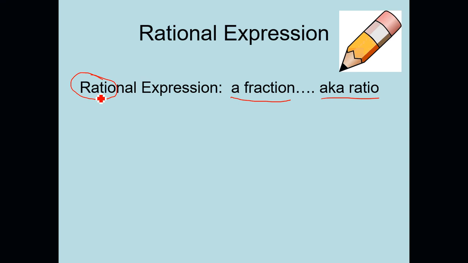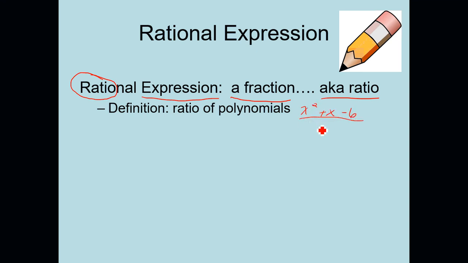Ratio meaning fraction. So we're talking about fractions that contain expressions made up of algebraic stuff. So basically the mathy definition says it's a ratio of polynomials, which means those are those things that have x squareds and x's and numbers, and on the bottom it would have one of those too. That's basically what a rational expression is. It's just a ratio made up of different polynomials.